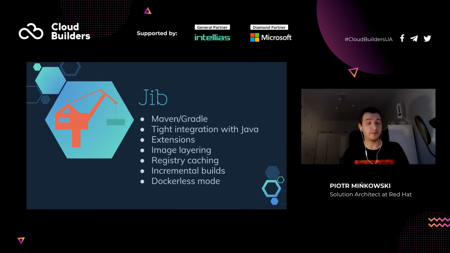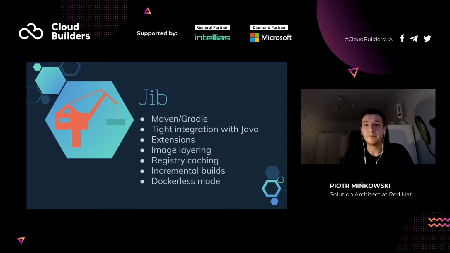And especially for the applications that are built using Maven or Gradle. You can also include Jib as a Java library, but obviously the most common usage would be as a plugin to those build tools. There are some interesting extensions created by the core Jib team, like GraalVM native image support, or support for the most popular JVM frameworks like Spring Boot or Quarkus.